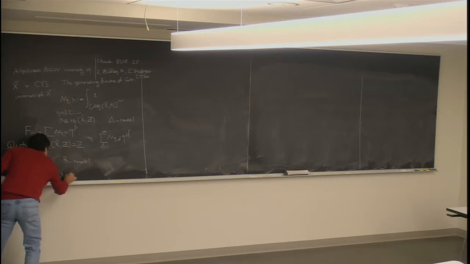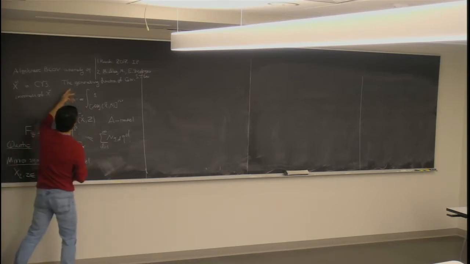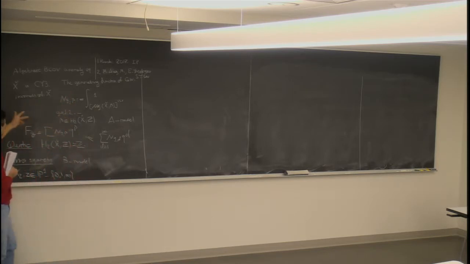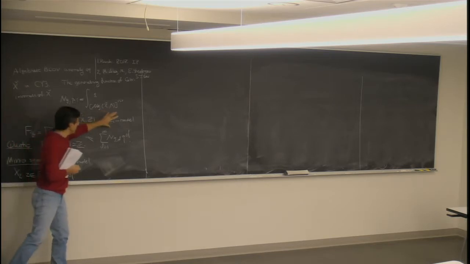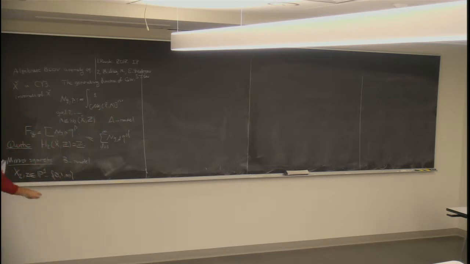It is a kind of relation between any two different types of Calabi-Yau varieties. But as I said, I will focus on the example of the quintic, which will be the A model, and its mirror quintic.